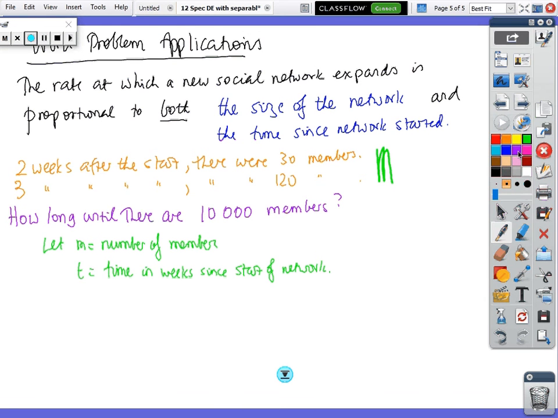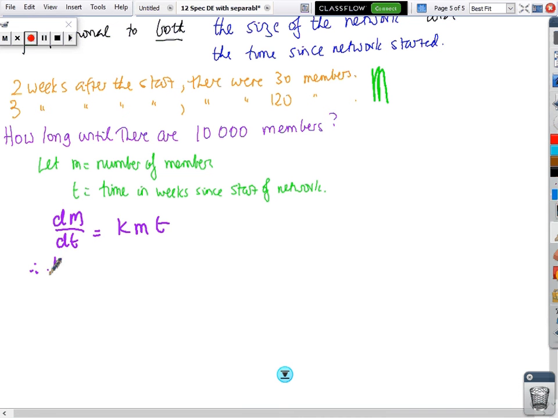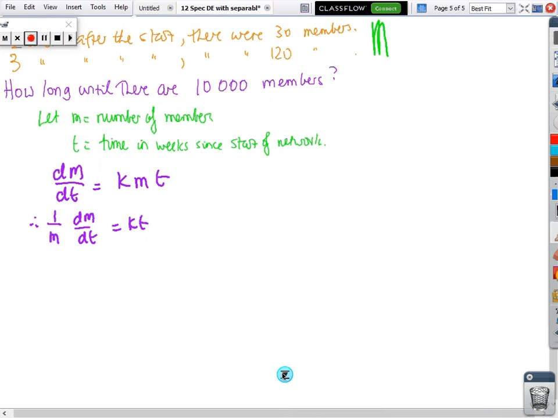So basically the rate of change of members with respect to time is proportional to both M and t. So therefore 1 over M dM/dt equals kt. So 1 over M dM equals the integral of kt dt.